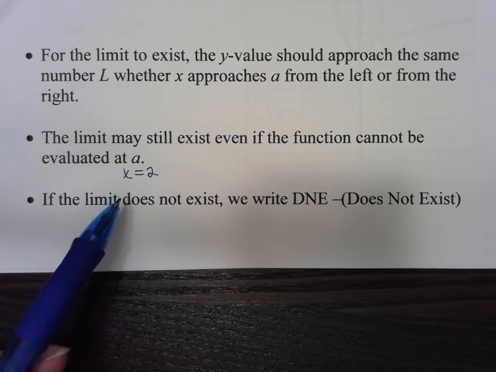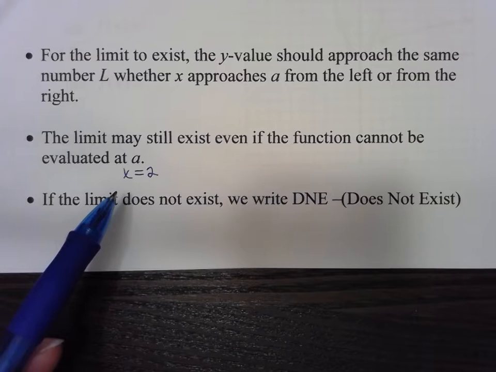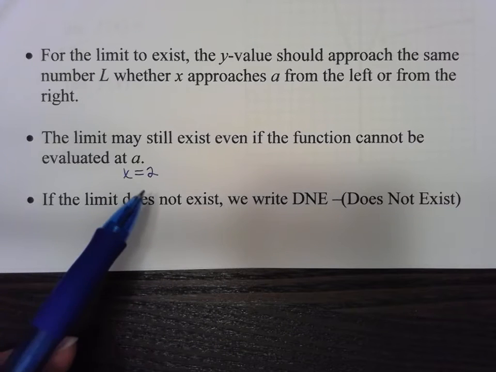The limit really describes what's happening around 2. Is the y value getting close to one number? It doesn't necessarily have to be that the function has a point there, although it definitely could. It could be a point, it could be a hole, or it could approach infinity. We'll talk about that in a minute.